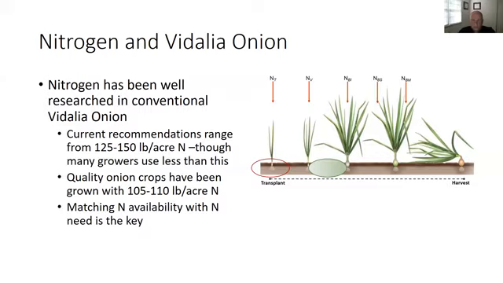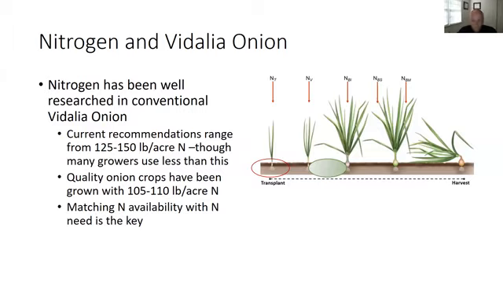So you can see in this slide the different growth stages of the onion crop, and traditionally, we would put out some nitrogen fertility prior to transplant, and then an additional shot in January during the start of vegetative growth, again in late January, and then following up later in the season as the bulb is swelling with calcium nitrate.